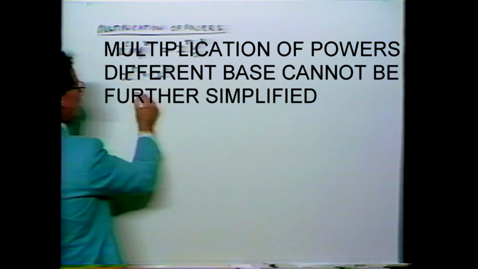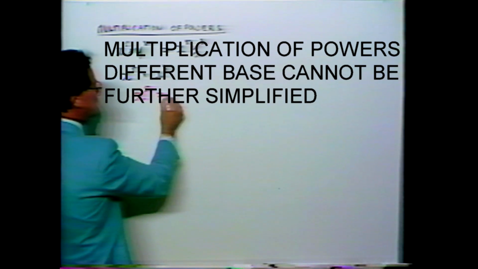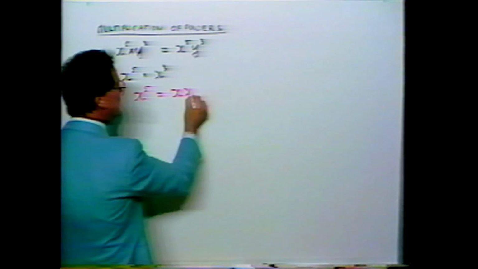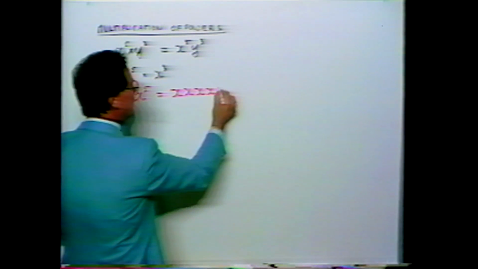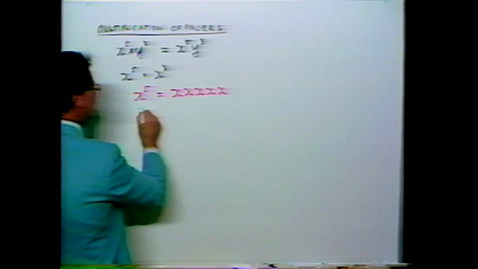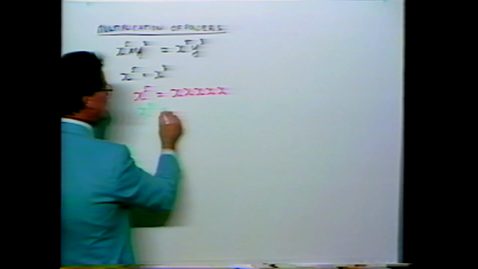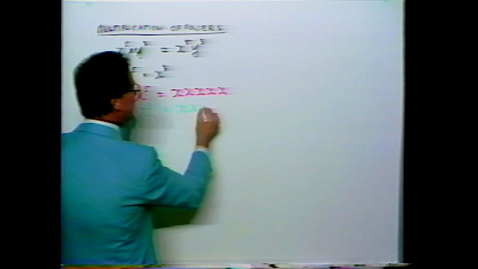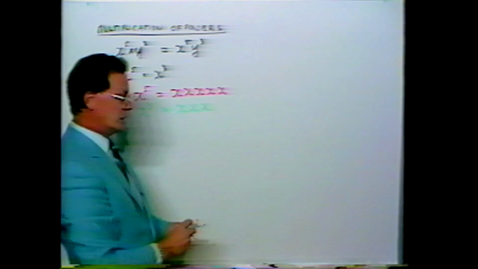Observe that x to the 5th is equal to x multiplied by itself 5 times, and that x to the 3rd is equal to x multiplied by itself 3 times.